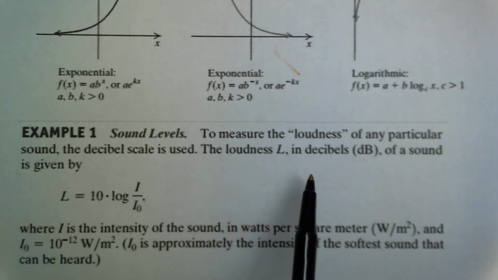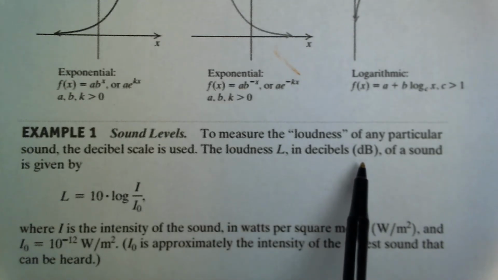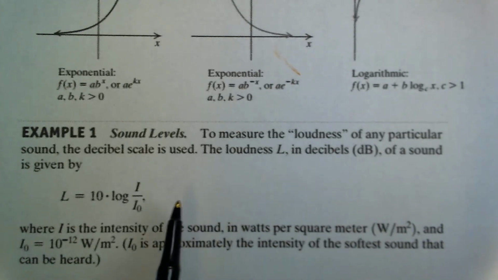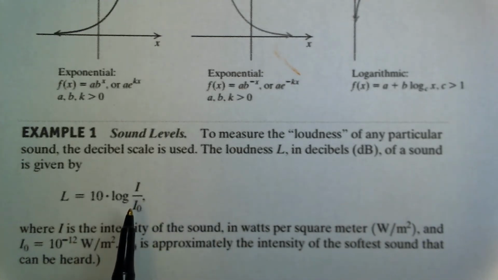The loudness in decibels, abbreviated lowercase d capital B, of a sound is given by L equals 10 times the log of I divided by I sub 0, where I is the intensity of the sound in watts per square meter, W per meter squared, and I sub 0 is 10 to the minus 12 watts per square meter. Now, I sub 0 is approximately the intensity of the softest sound that can be heard. So let's use this definition to solve a particular problem.